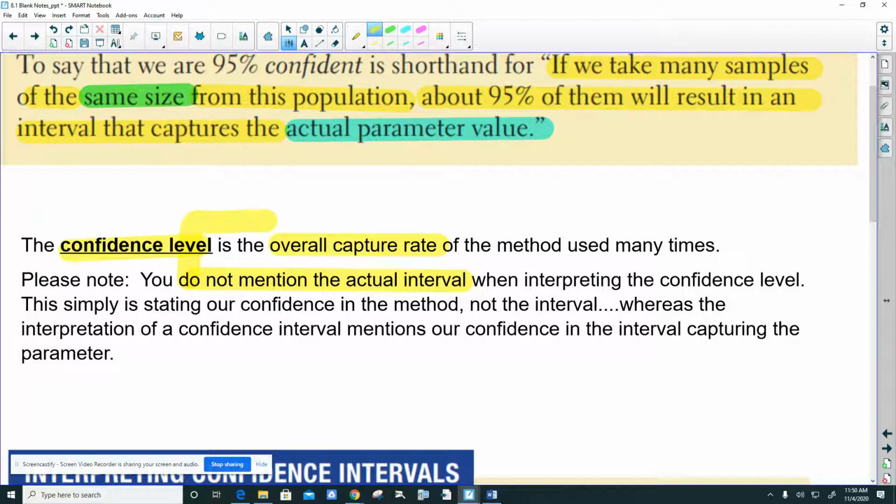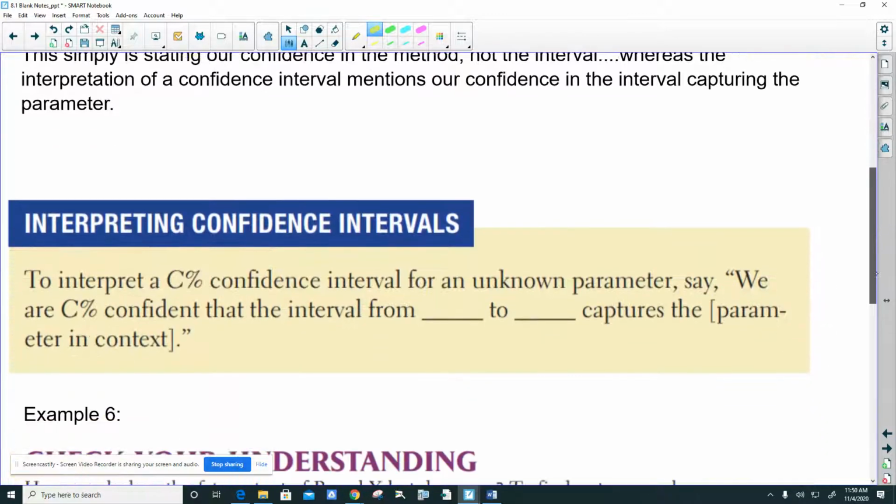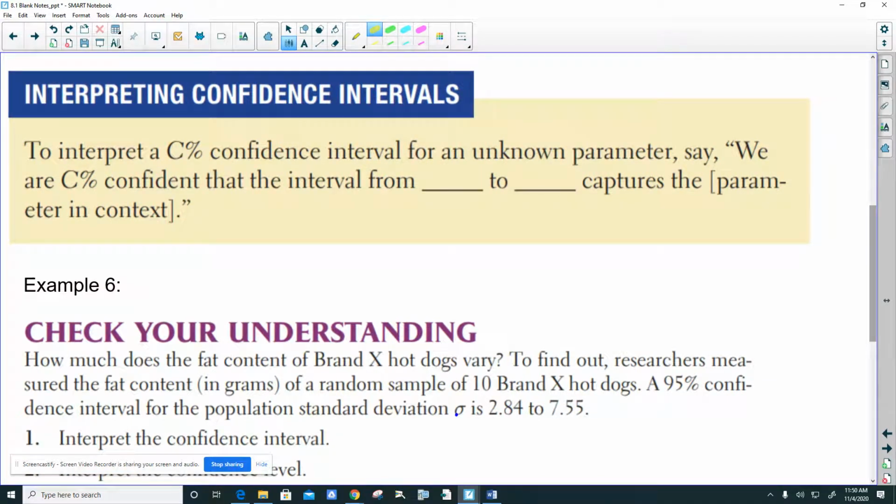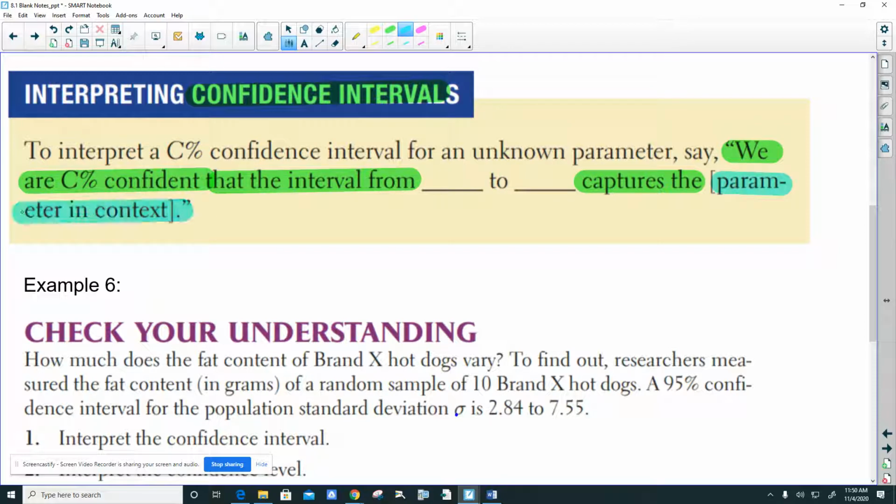All right, now underneath that, and this was earlier in the notes as well, here is what we had discussed before about how to interpret a confidence interval. This is when we actually do state our interval. We are 95% confident, or 99% confident, that the interval from blank to blank captures the, and then again, we include the context of what it is that we're referring to.